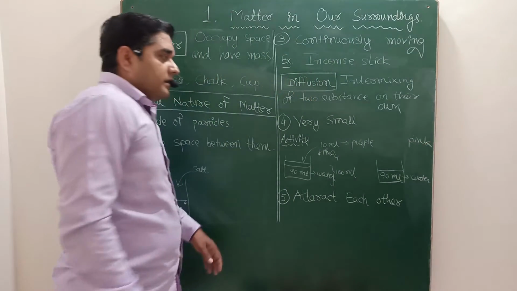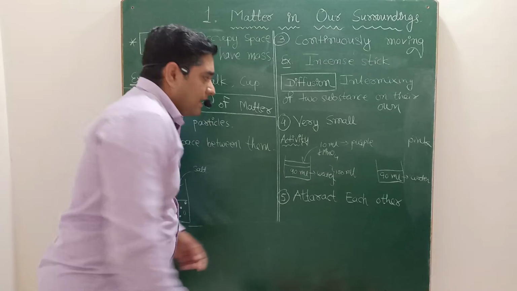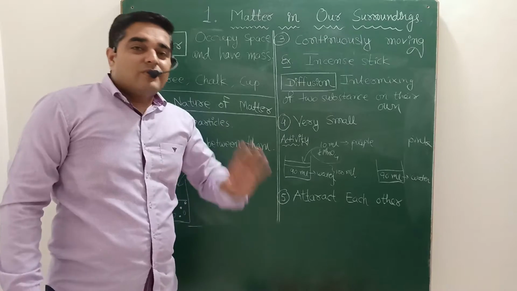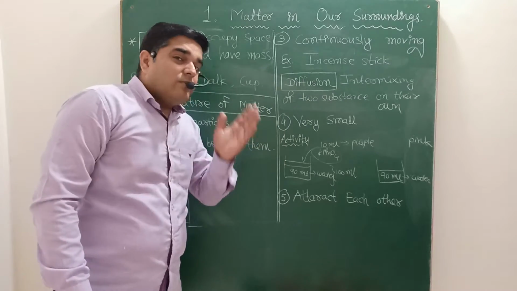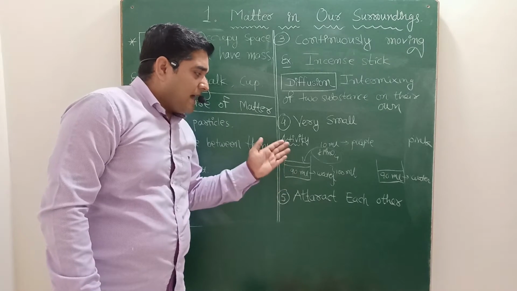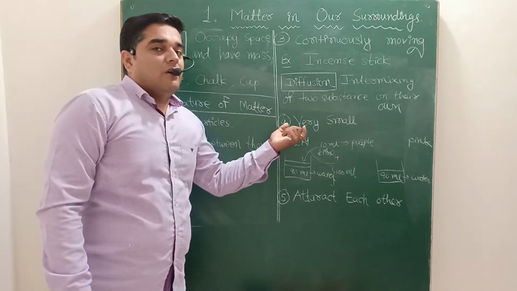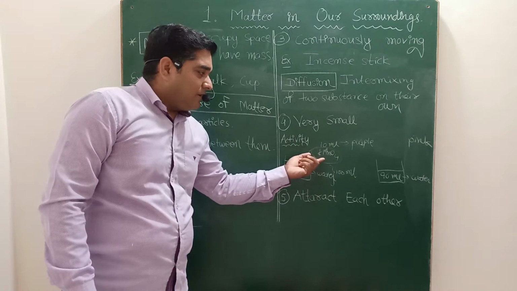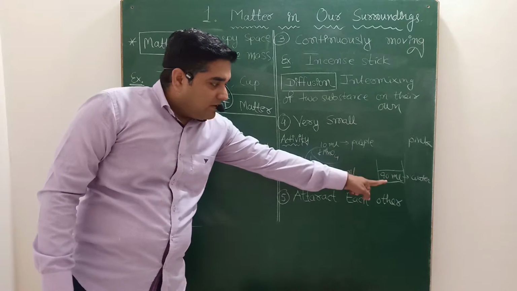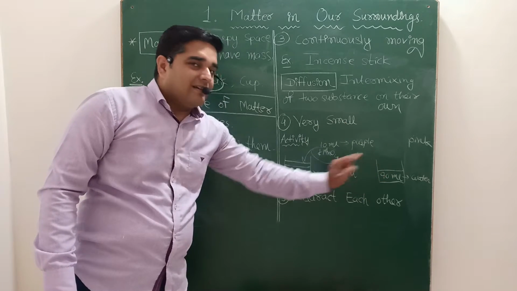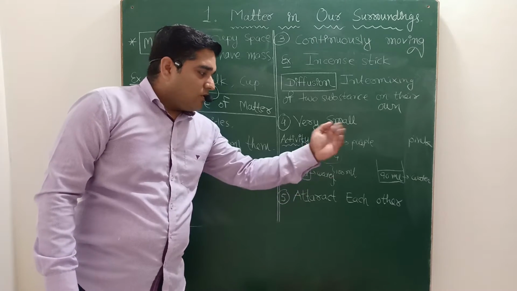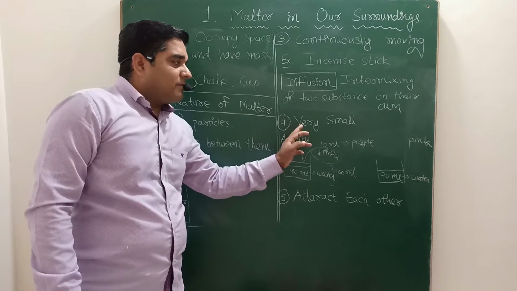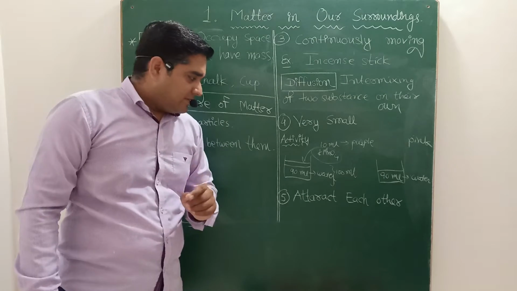So here the particles of KMnO4 are very small. You can't imagine how small they are, and that's why when you take 10 ml of KMnO4, it has some particles of KMnO4, and that fills the whole volume of the second beaker, and so on. So you can say that every matter has very small particles.